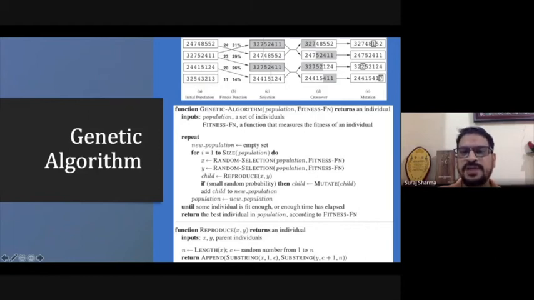Single point means we divide these two chromosomes at a single point. So we get 3 2 7 in one part, and 5 2 4 1 1 in another part. Then we just swap these values. So we get 3 2 7 4 8 5 5 2.